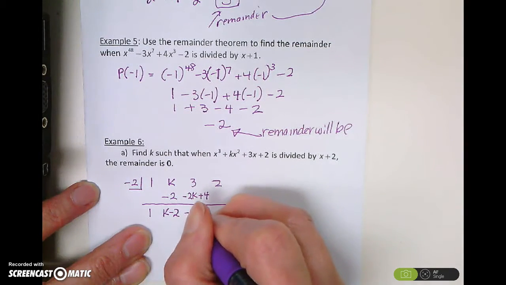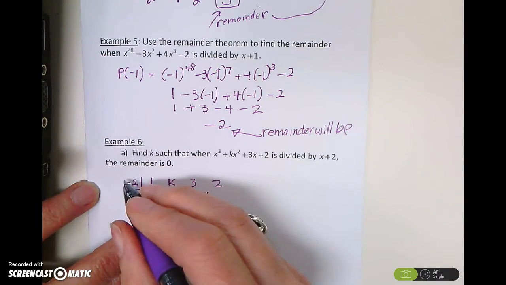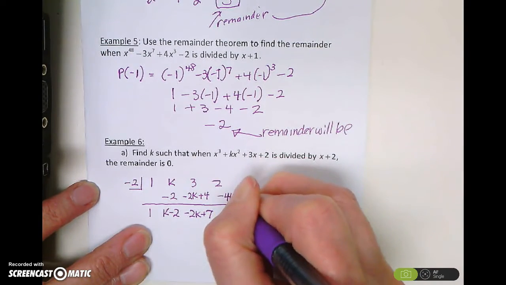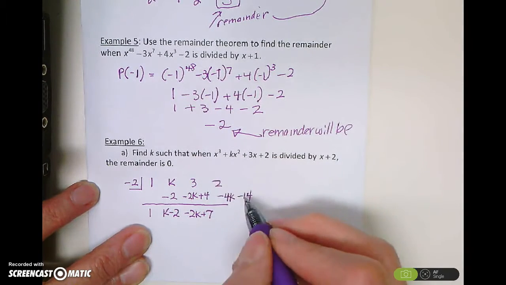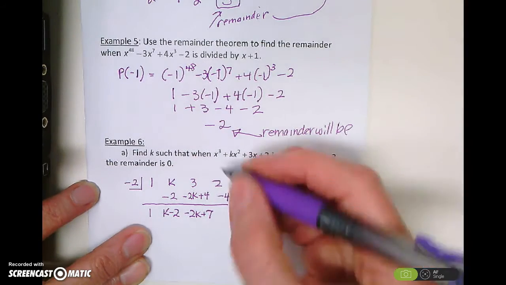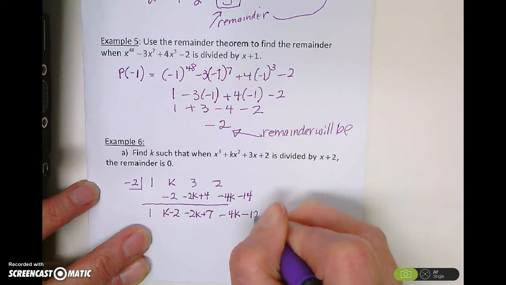So that's going to give me negative 2k plus 7. And then I'm going to multiply. That's going to give me negative 4k minus 14. And I'm going to add my 2. I kind of ran out of space there, but I'm going to add it there. So that's going to give me negative 4k minus 12.